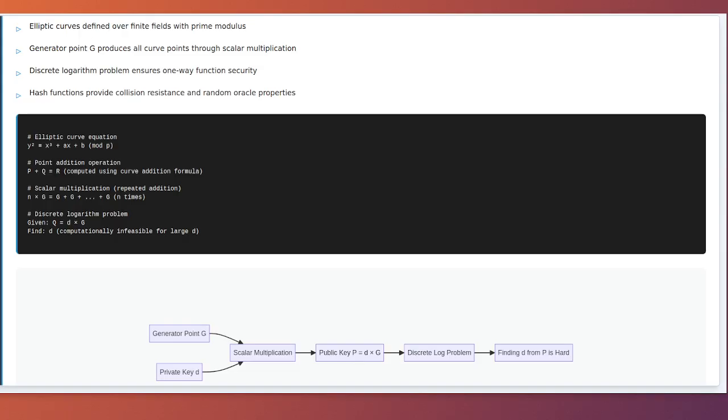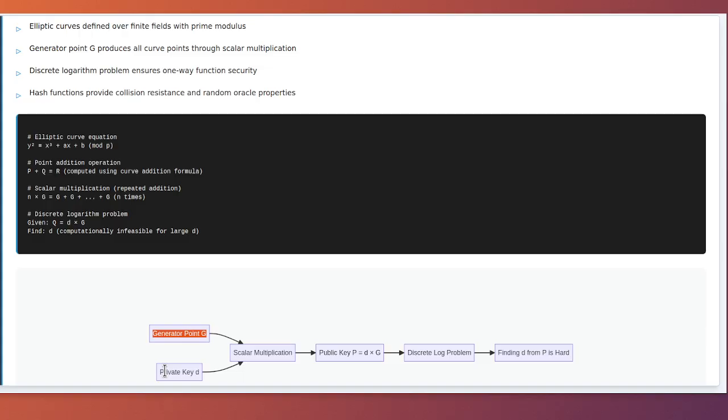The elliptic curve forms a mathematical group under a point addition operation. This group has a special property called the generator point, often denoted as G, which is a point on the curve that can generate all other points through repeated addition. When we say a point P equals n times G, we mean adding the generator point to itself n times using the elliptic curve point addition formula.